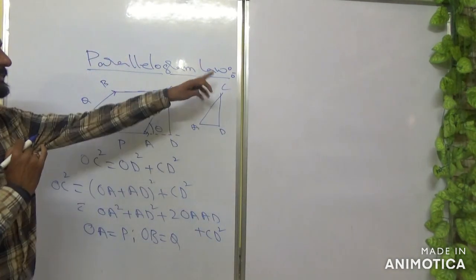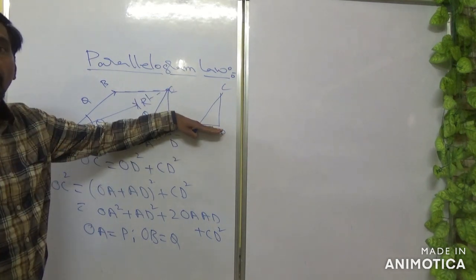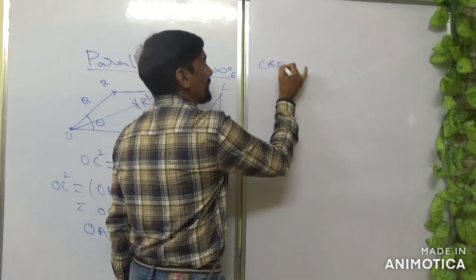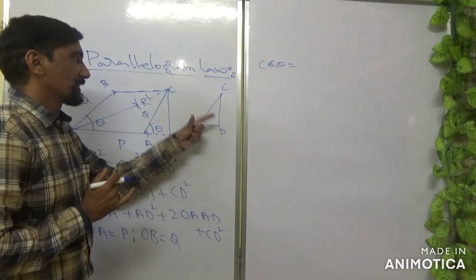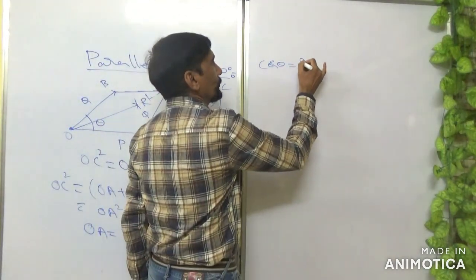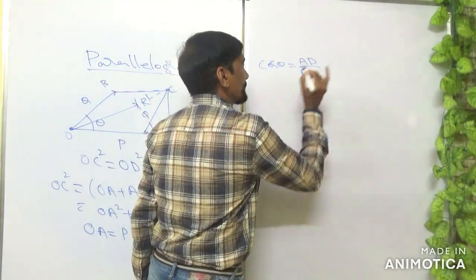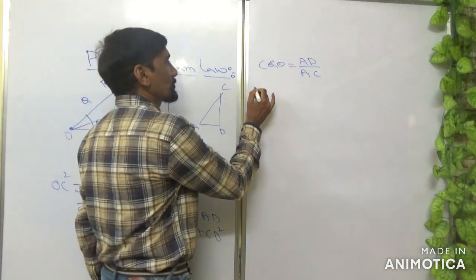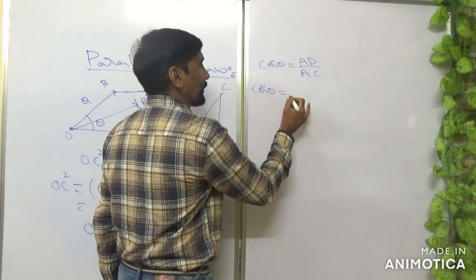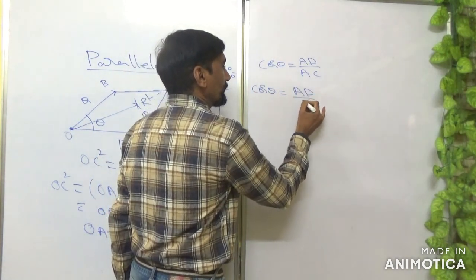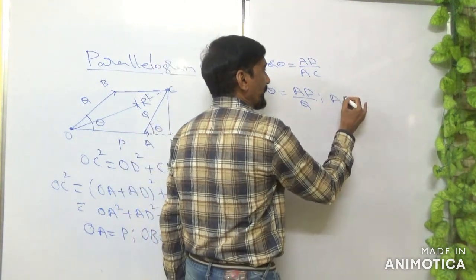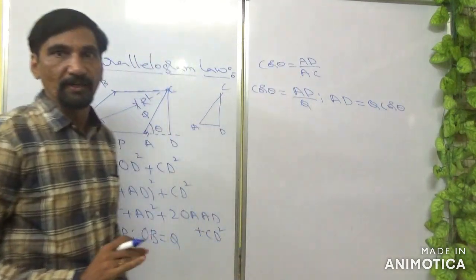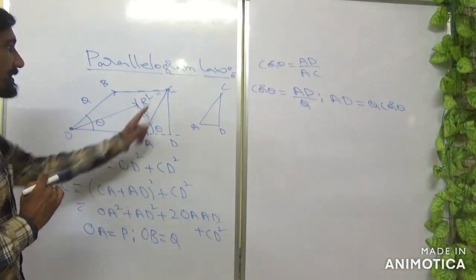In triangle CAD, whenever you want the adjacent, we take cos theta. Cos theta is equal to adjacent by hypotenuse, so AD by AC. AC is the same as OB, that is Q. Means cos theta is equal to AD by Q, or else AD equals Q cos theta. Next, CD.